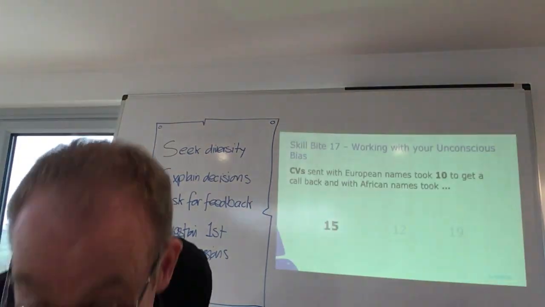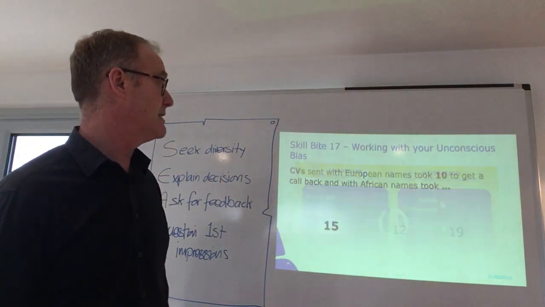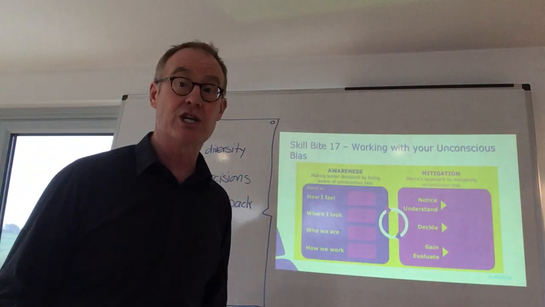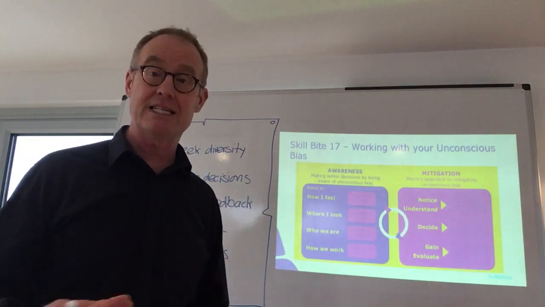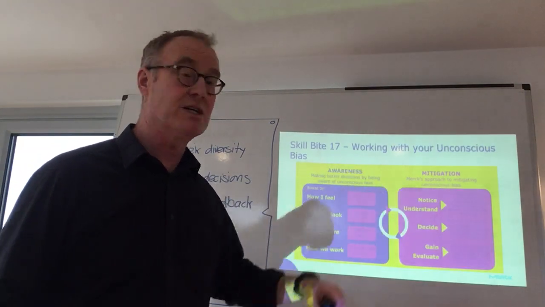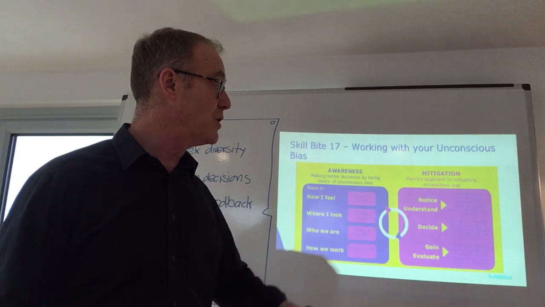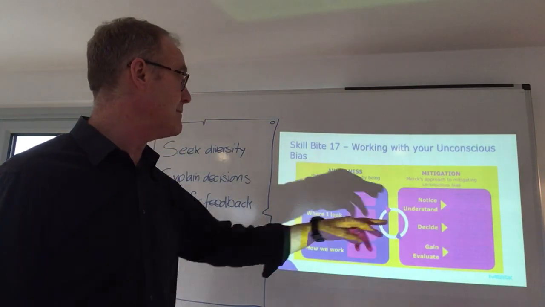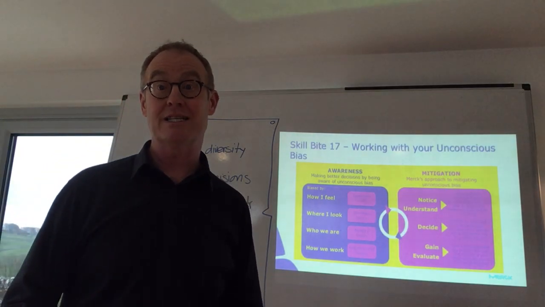The place where they fit on our model is right here on decide. This allows us to use these 4 steps. Once we've understood, which is part of what we've done today in the Skill Bite, we need to know what it is we can do about it. So in that step there, we've got these 4 options. And essentially you've covered all the content at that point.